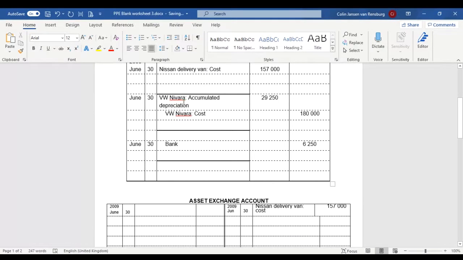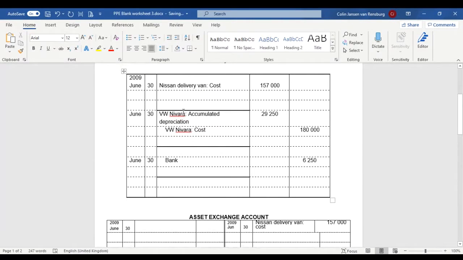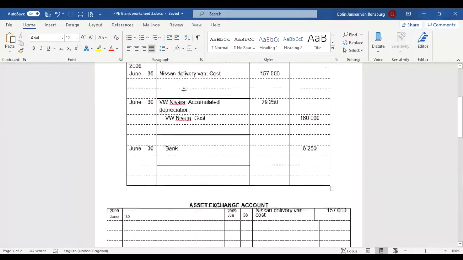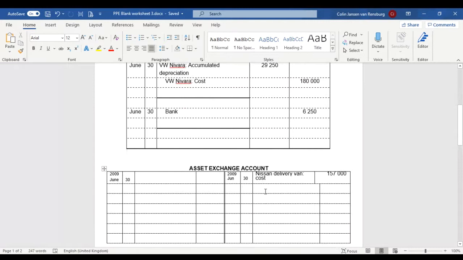So now let's go to the next leg of the journal entry. Here we've debited the accumulated depreciation on the old asset, right? So the asset exchange account will now contain the contra to that. So if we debit that account, it means we have to go and credit this account.